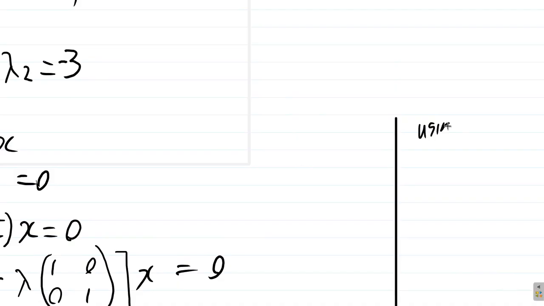So we want to find out what is the eigenvector when the eigenvalue is negative 3.